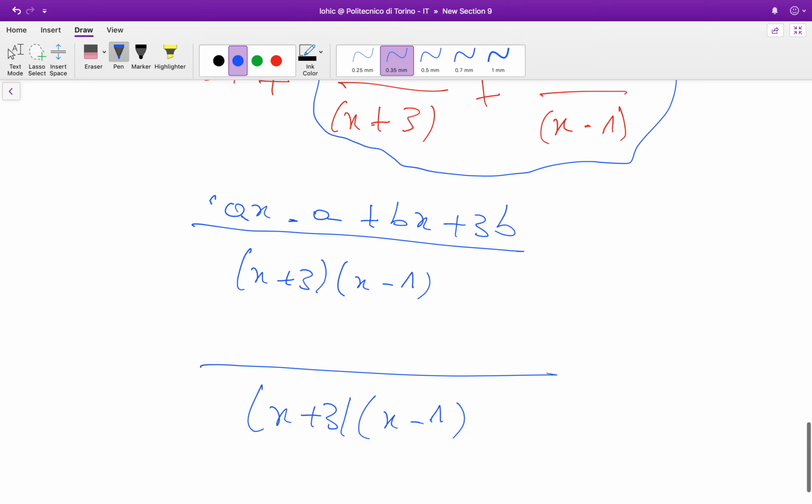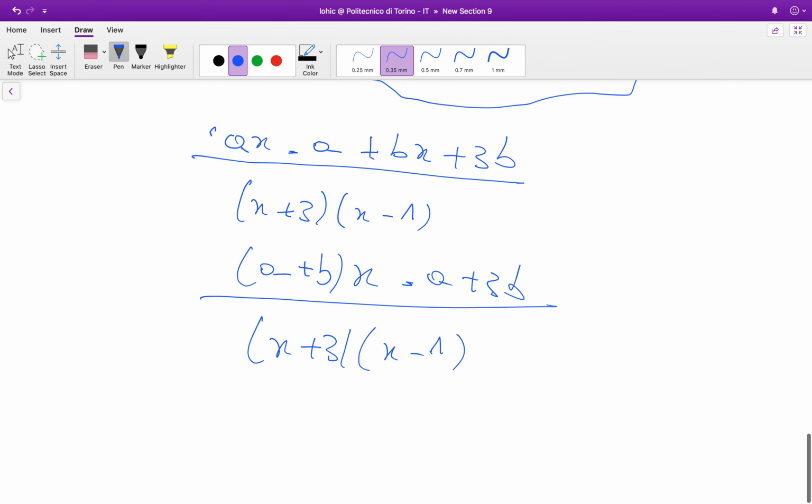And when you take a, what do you do here? You take the terms with x together, so it will be a plus b times x, plus minus a plus 3b, right?